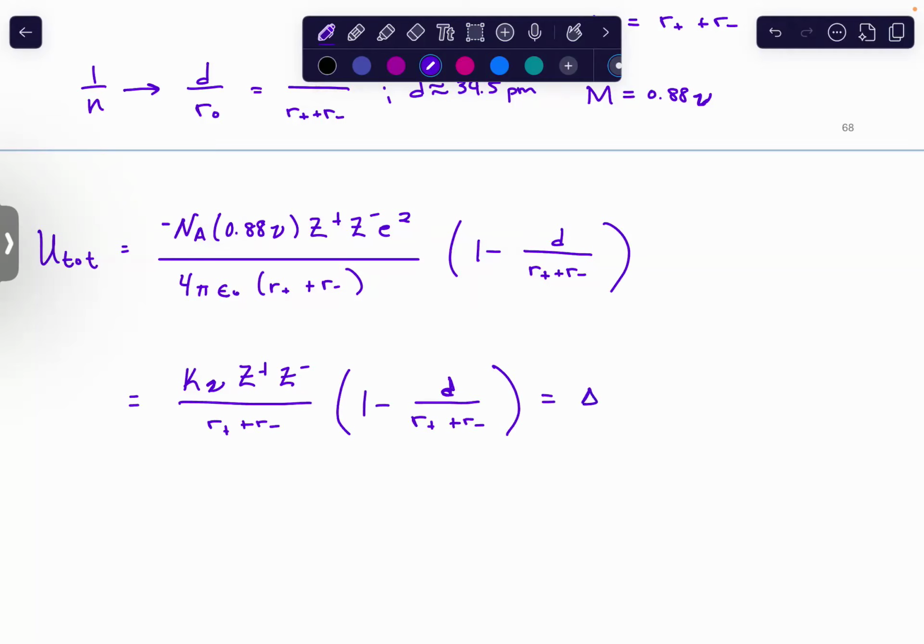And this is a very accurate approximation of the enthalpy of the lattice.